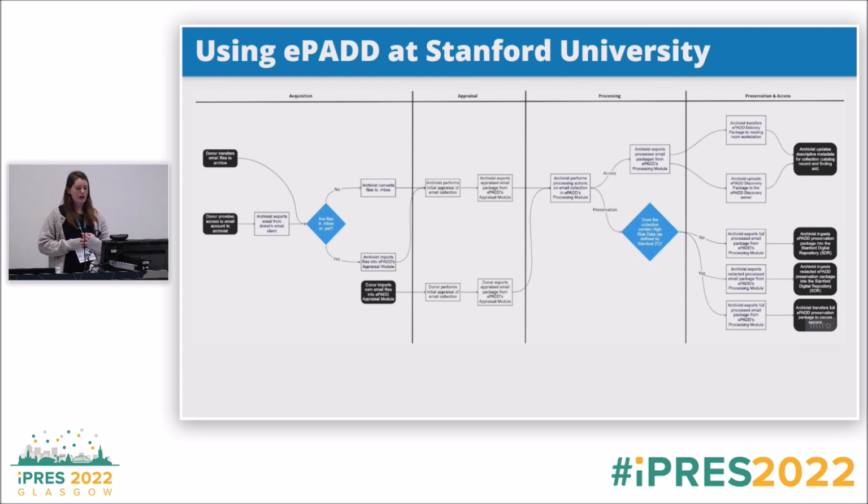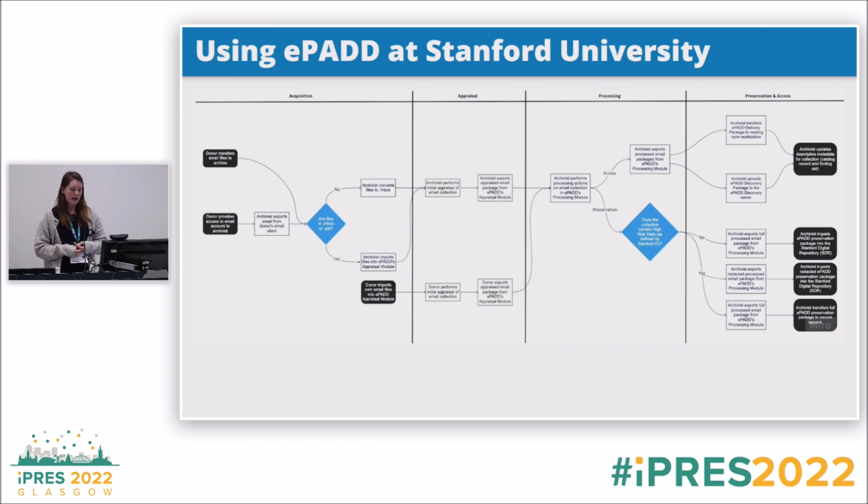We also update all of our relevant collection documentation, including the collection record and the catalog and the finding aids, with metadata about the collection, including the number of messages, key terms, as well as information about any messages that have been restricted in a general way, the reason for those restrictions, and the duration of those restrictions, just to be completely transparent with researchers.